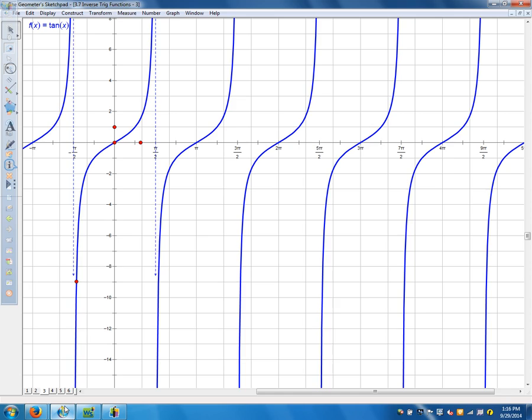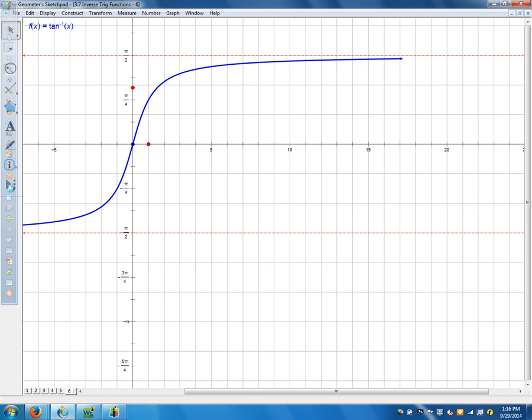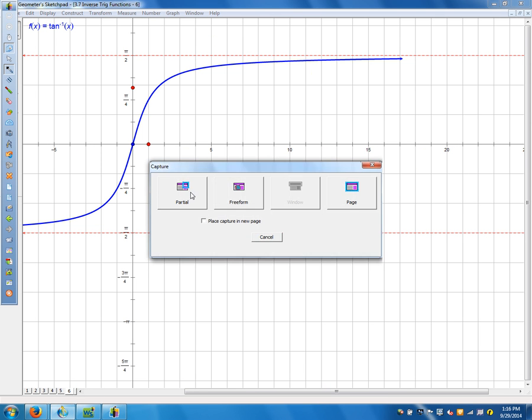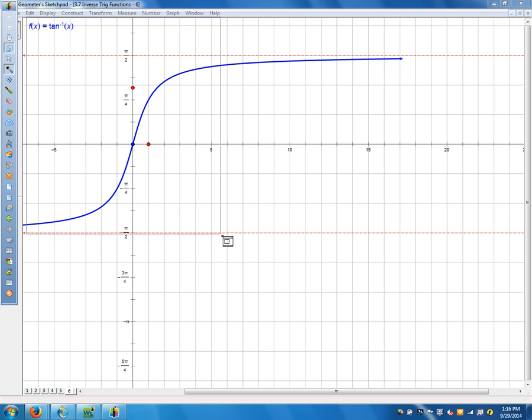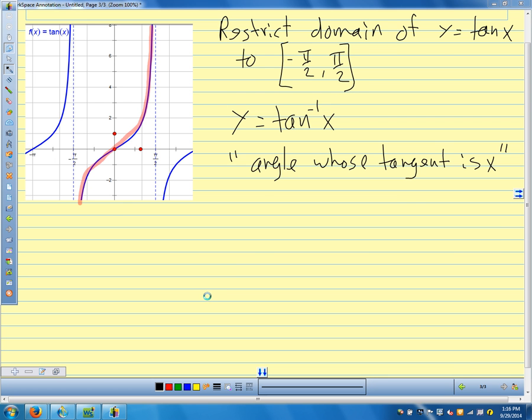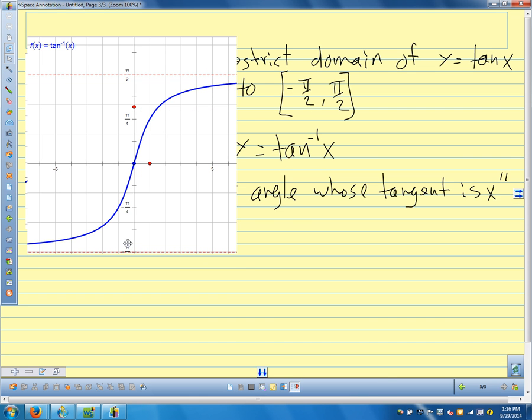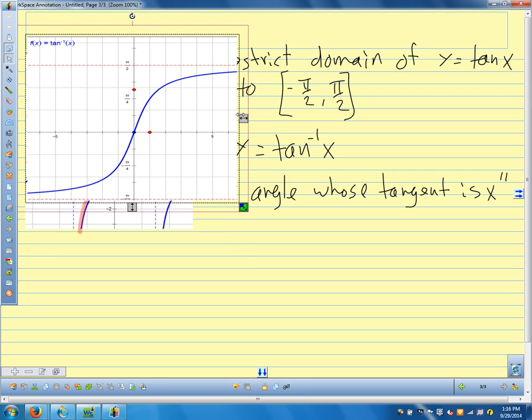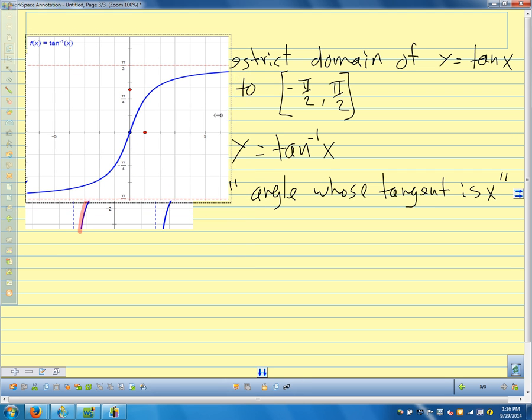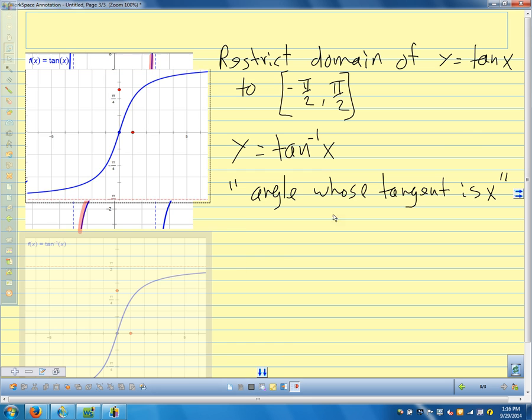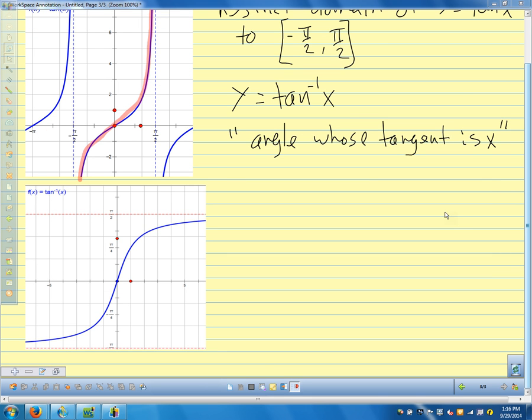I'll grab a picture of our inverse tangent function, reflect over the line y equals x, and I get this function kind of laying sideways here. So our angle is between negative pi over 2 and pi over 2. And for the inverse tangent function, I can plug in any number.